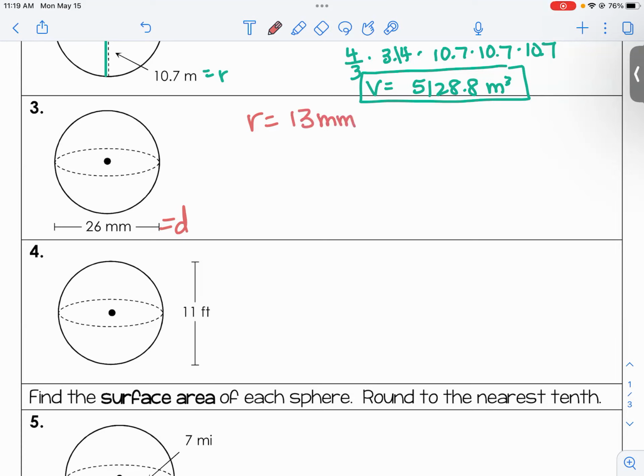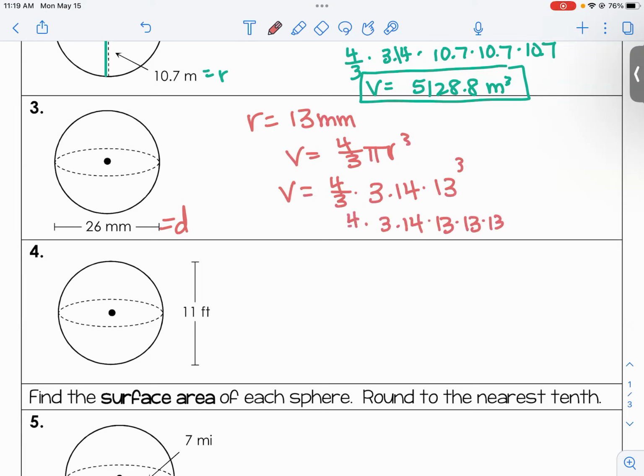So when we find the volume, 4/3 pi r cubed, we are going to take 4/3 times 3.14 times 13 cubed. So this is what I would do in your calculator. I would take 13 times 13 times 13, multiply that number by 3.14, and then multiply by the 4 divided by 3.